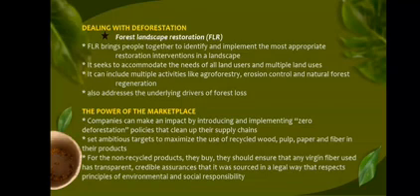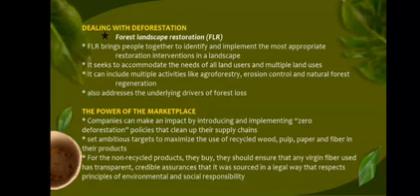It also seeks to accommodate the needs of all land users and multiple land uses. It can include multiple activities like agroforestry, erosion control, and natural forest regeneration. And lastly, it also addresses the underlying drivers of forest loss.